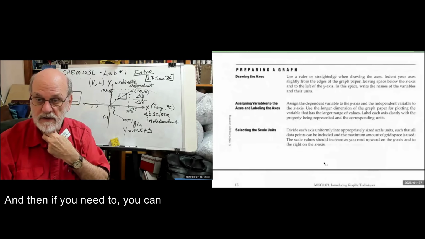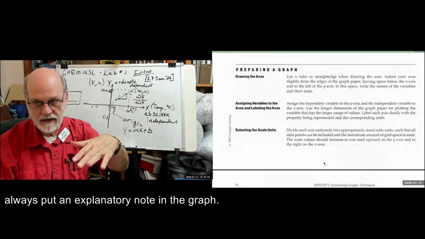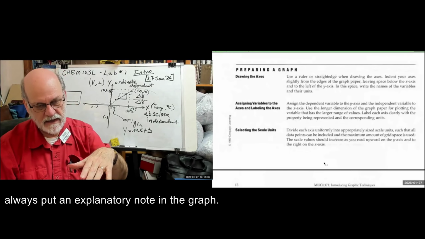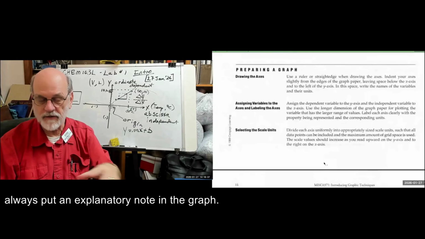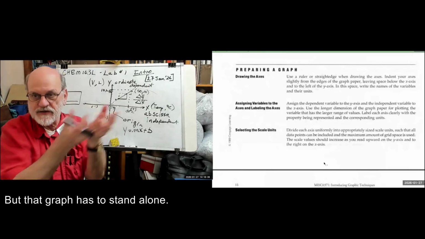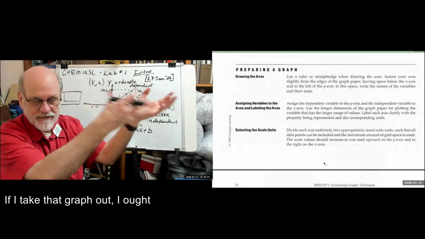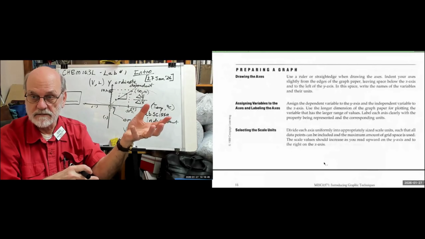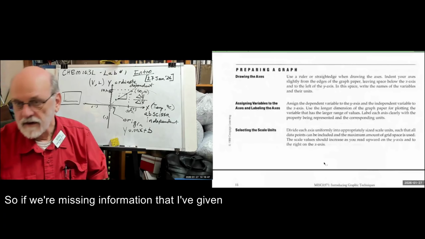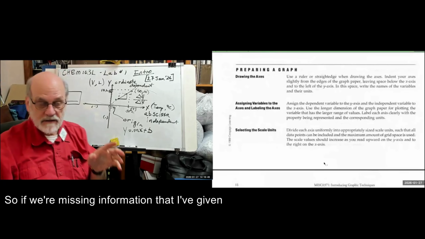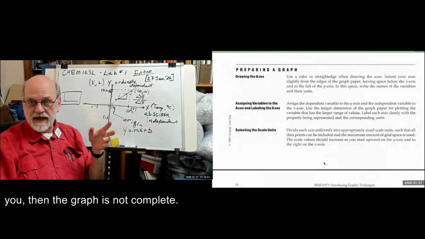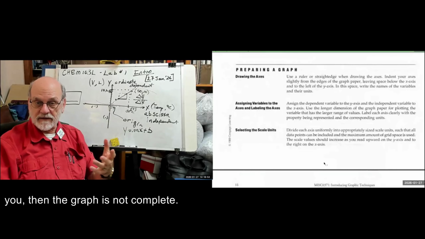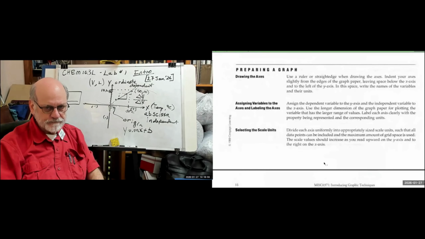And then if you need to, you can always put an explanatory note in the graph. But that graph has to stand alone. If I take that graph out, I ought to be able to say, this is what it means. Right? So if we're missing information that I've given you, then the graph is not complete.